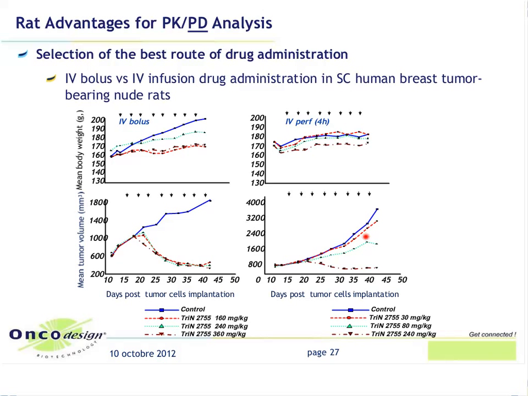For example, compared to vehicle-treated rats by IV infusion, no toxicity was observed, whereas a difference in body weight gain was observed between groups when the compound was injected by IV bolus route, and this for a similar anti-tumor activity.